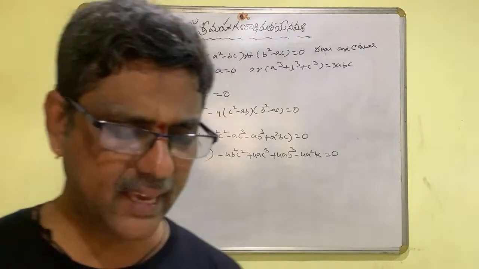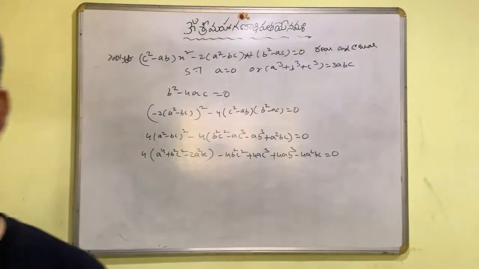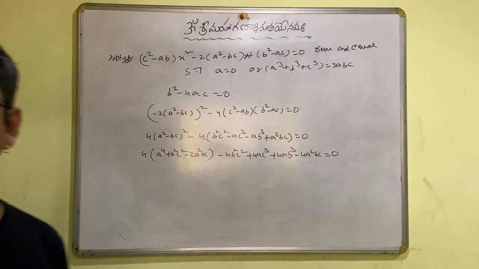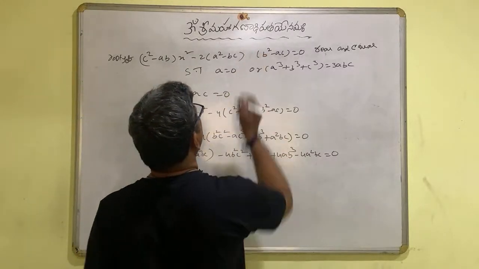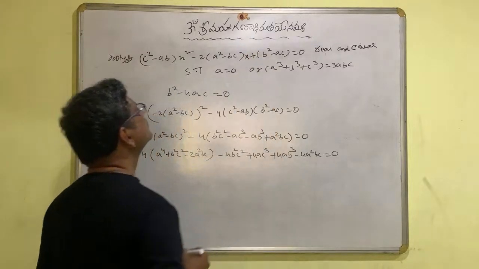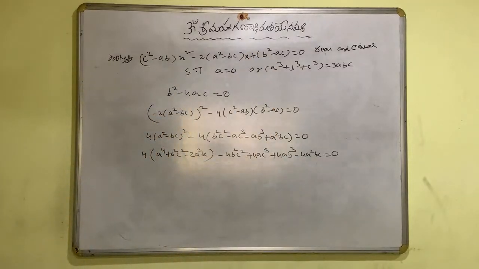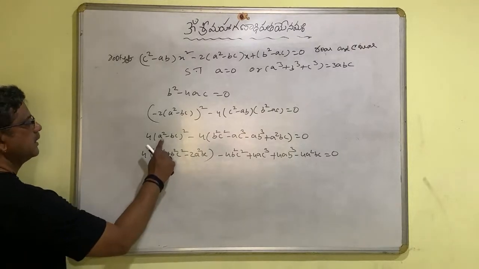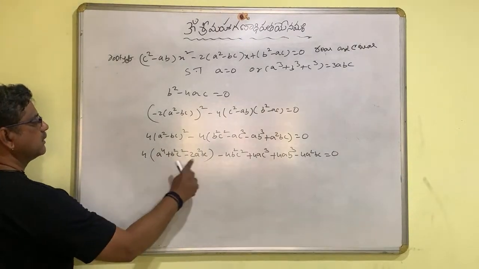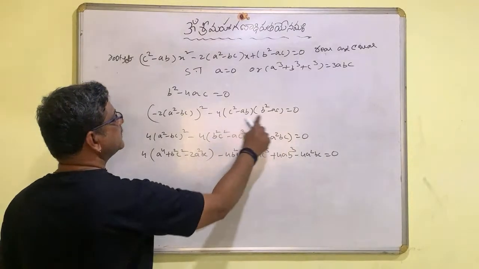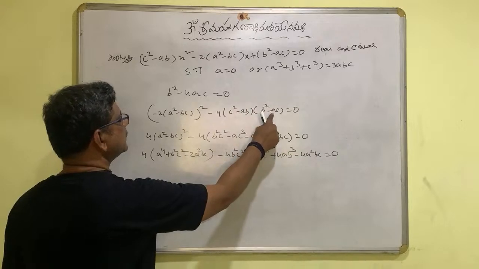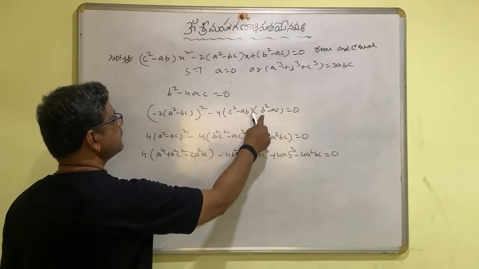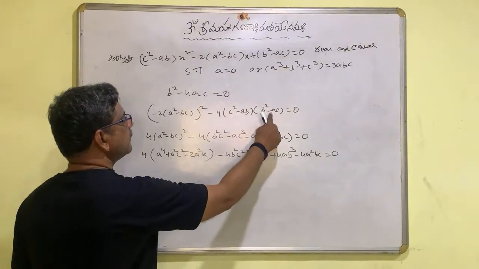X term is there, na? It is there. A minus b whole square expansion. And here I am multiplying these two. C square into b square, c square into this, minus ab into this, minus into minus plus this one.